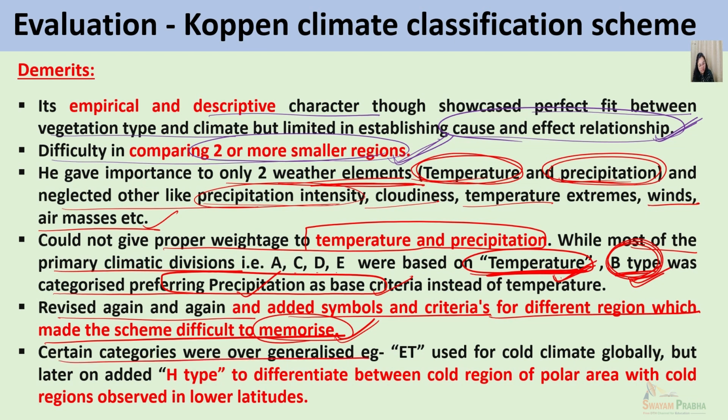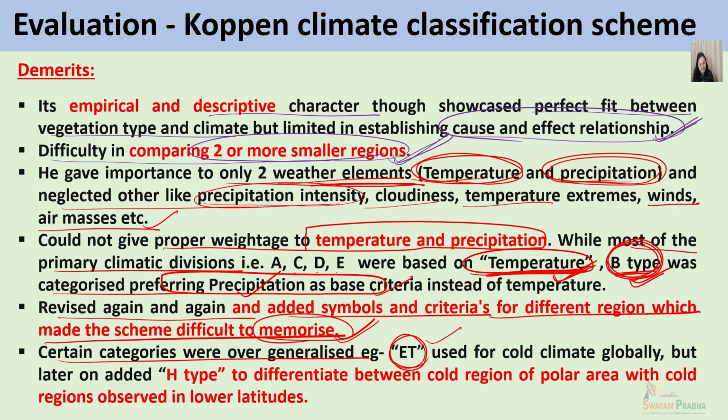Certain categories were overgeneralized. For example, ET, as we have learned in the earlier slide also, initially represented the cold climates of the earth, which included the cold climates of the polar areas and also cold climates which are found in the higher altitudinal regions of the lower latitudes.